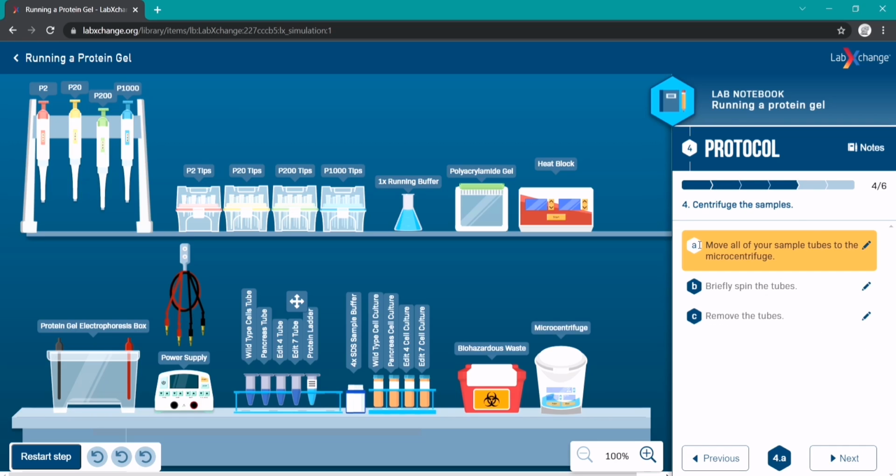The fourth part will be centrifuge the samples. Firstly, move all of your sample tubes to the microcentrifuge.